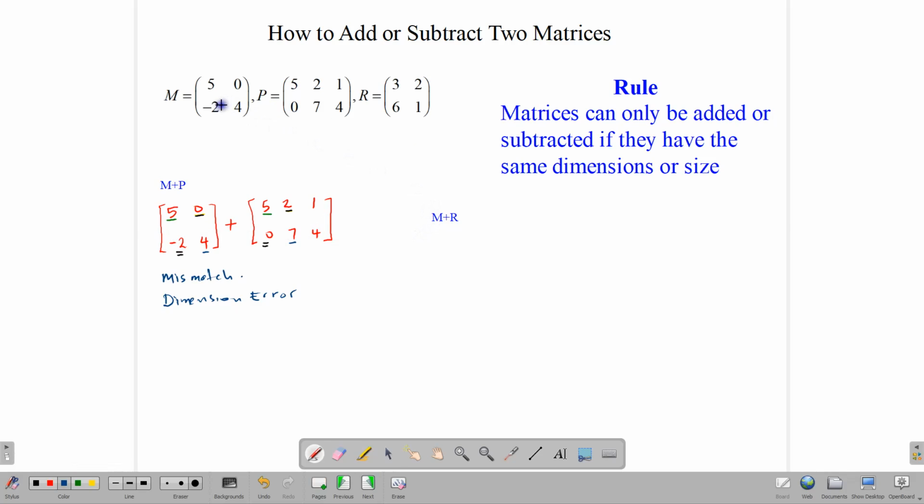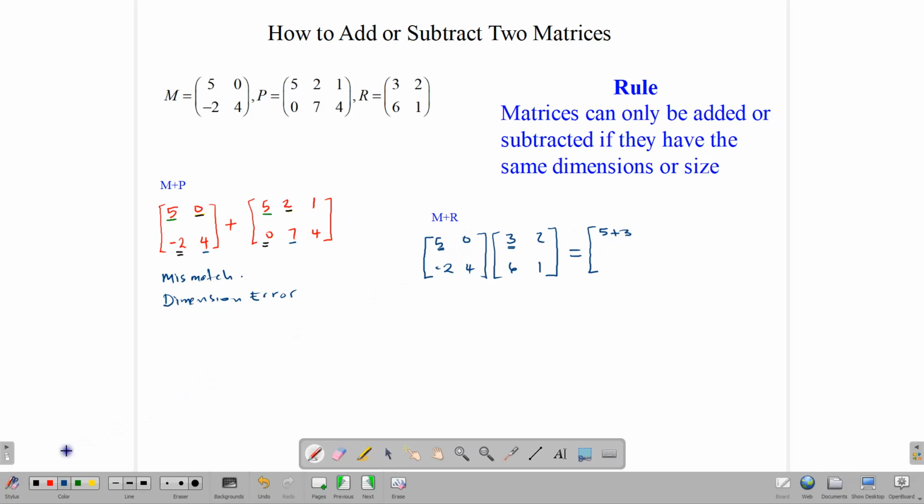So here we are adding M and R. So let's write M: 5, 0, negative 2, and 4. And we're going to add it to R, which is 3, 2, 6, 1. Now, like I said, we add positions. So the 5 and the 3 are in the same position. So we add those, 5 plus 3.